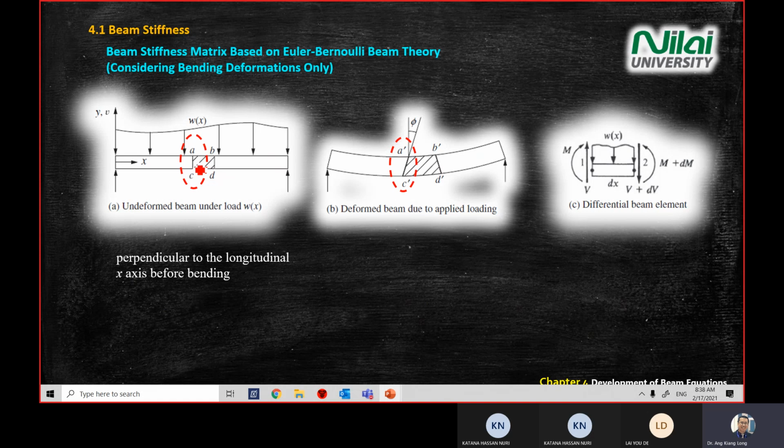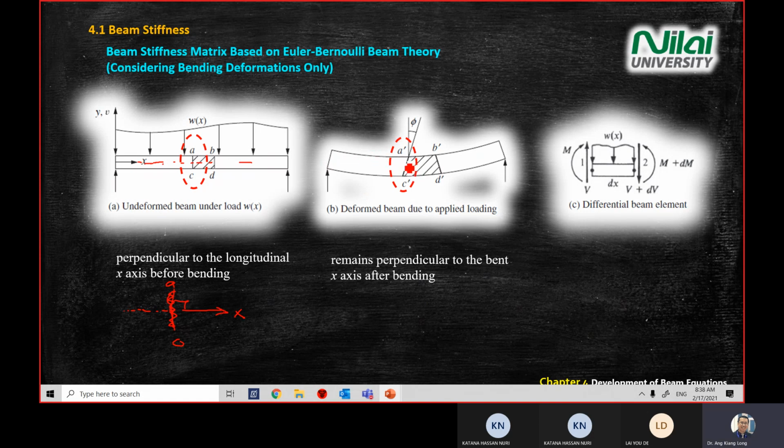If you look at AC, the line AC is perpendicular to the longitudinal x-axis before bending. If you enlarge your AC, the x-axis is 90 degrees, which is perpendicular, and this is the cross-section area of this element. The cross section is perpendicular, and then it will remain perpendicular to the bent x-axis after bending.